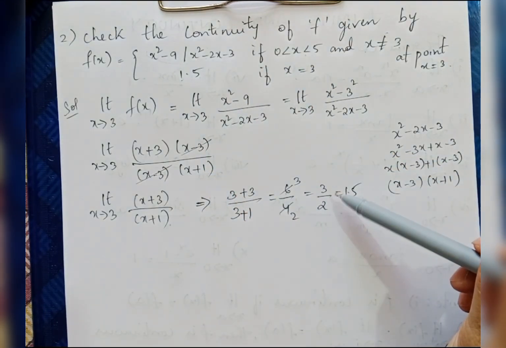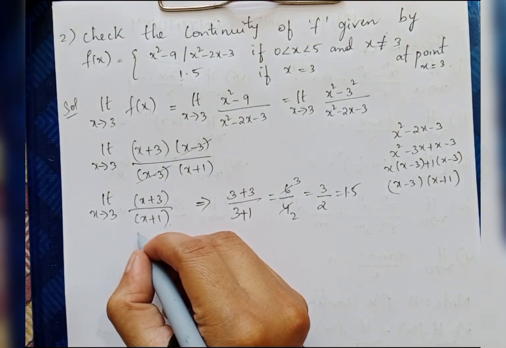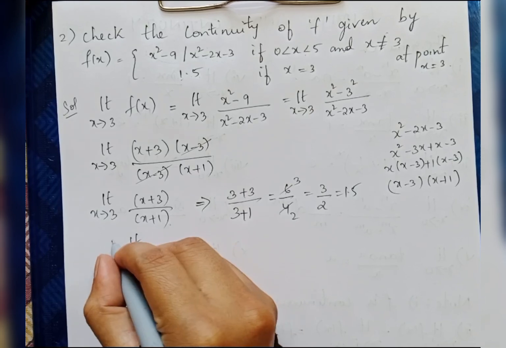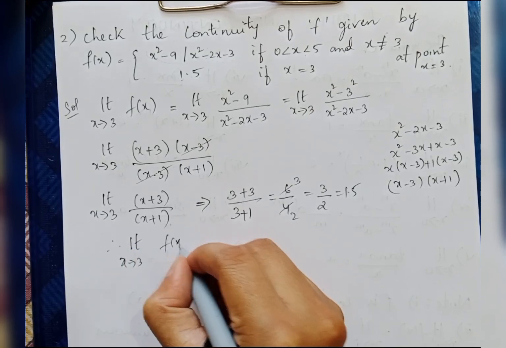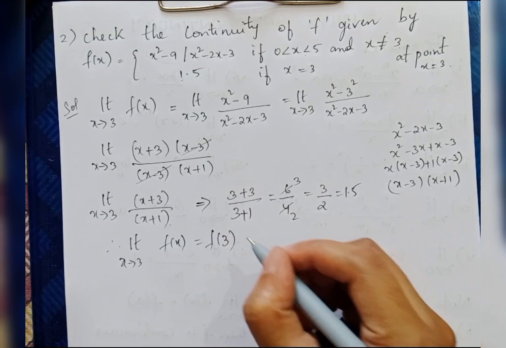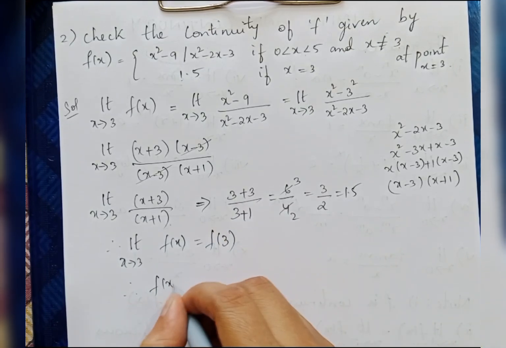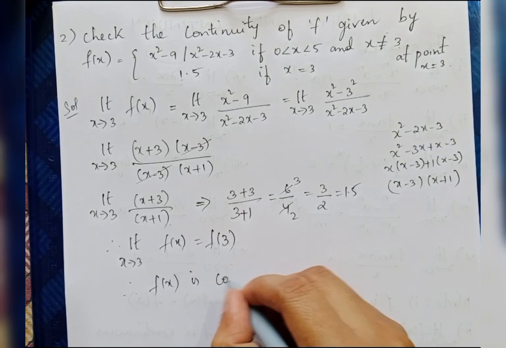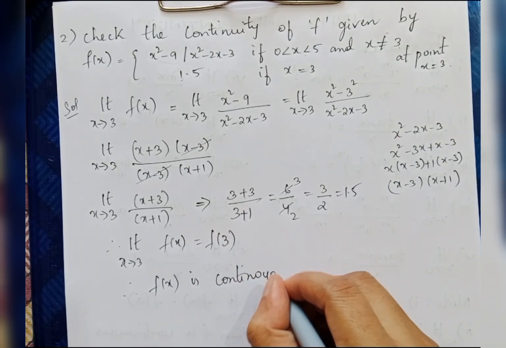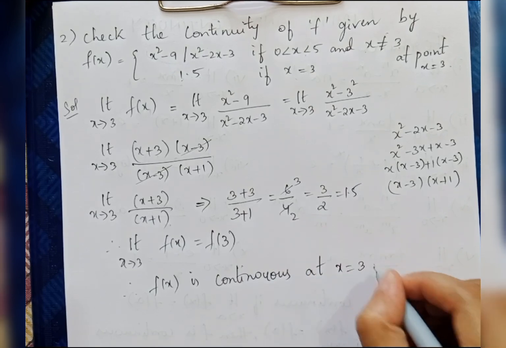We have got the same answer. So we can say that limit x tends to 3, f of x is equals to f of 3. Therefore f of x is continuous at x equals to 3.